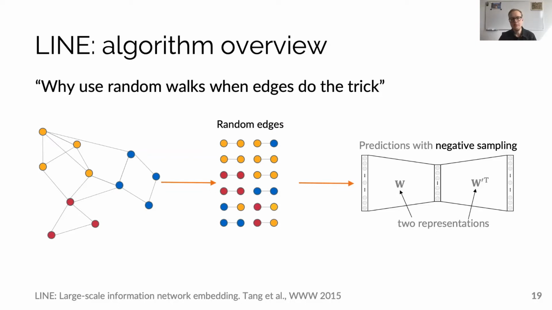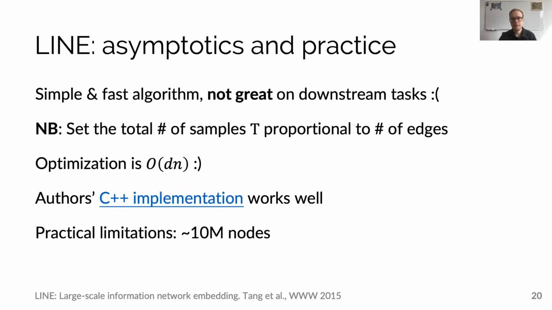Here, random edges from the graph are fed to the same neural network, but now it's optimized not with the hierarchical softmax of DeepWalk that gives rise to the log n update time, which is a bit slow. Now they use negative sampling with like 5 samples per node, which means that we have linear time complexity for each update.